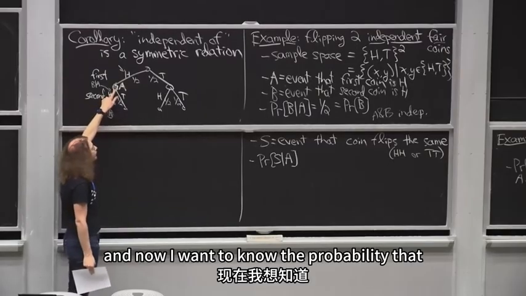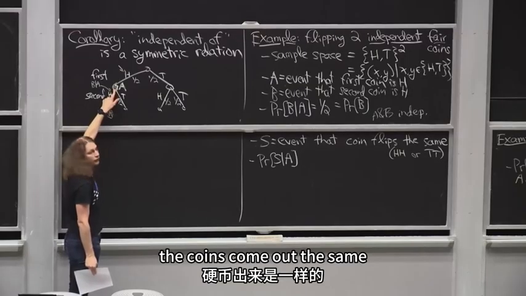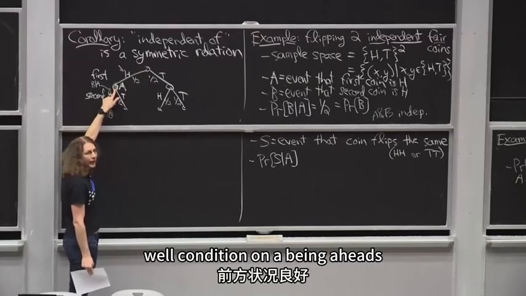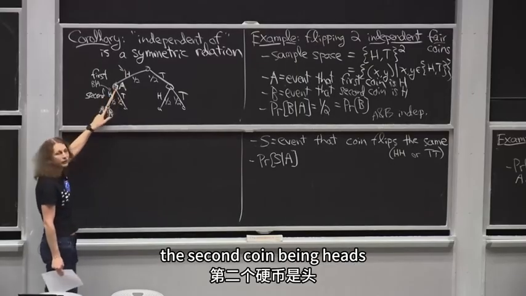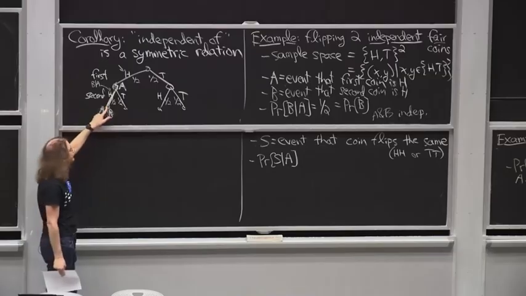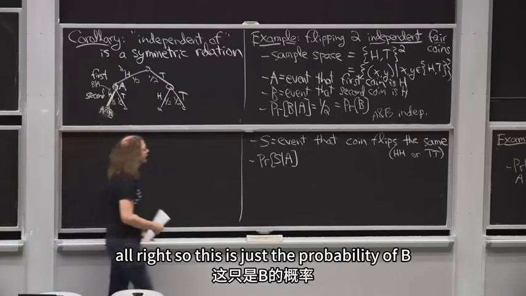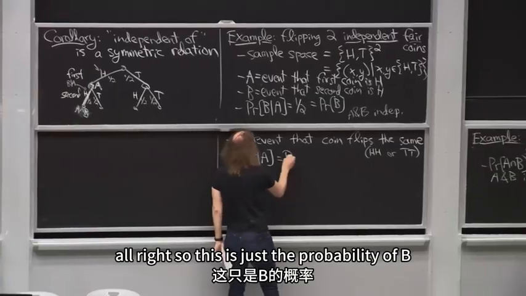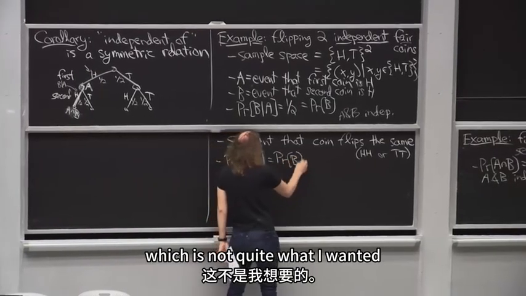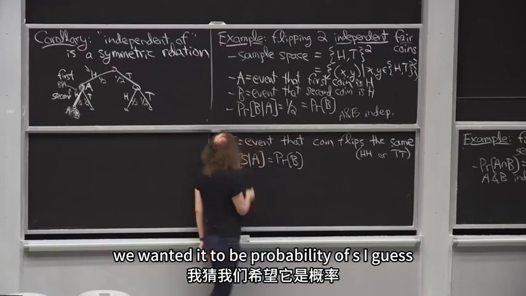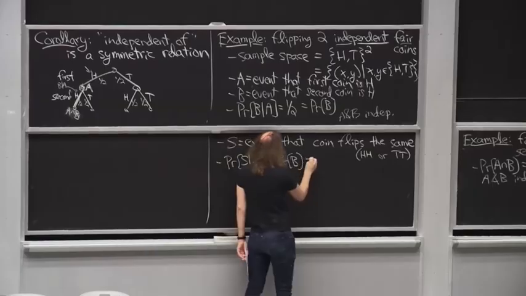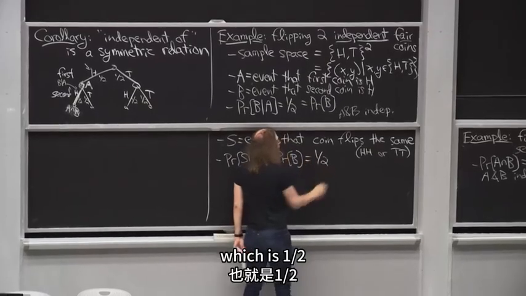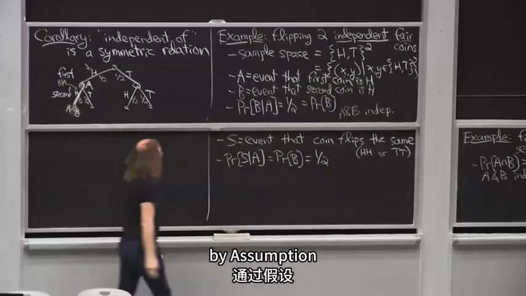And now I want to know the probability that the coins come out the same. Well, conditioned on A being a heads, that's the same as the probability of the second coin being heads. Right? So this is just the probability of B, which is a half by assumption.